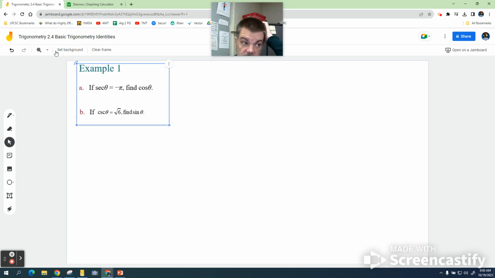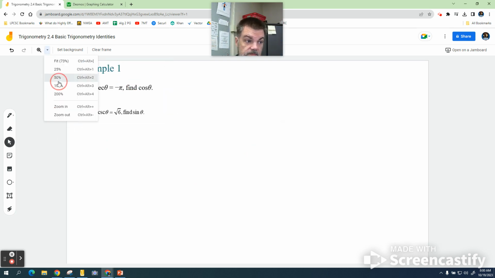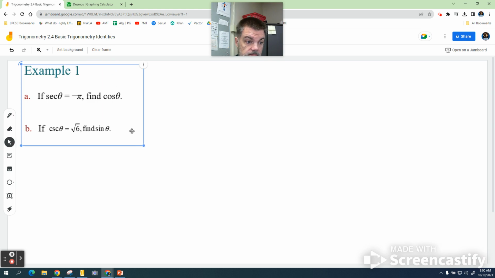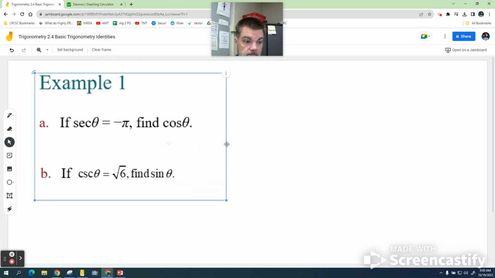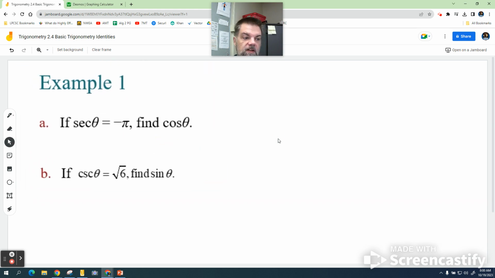For example number 1 on this section, we want to find cosine if we know what secant is. So remember that secant of theta is equal to 1 over cosine.